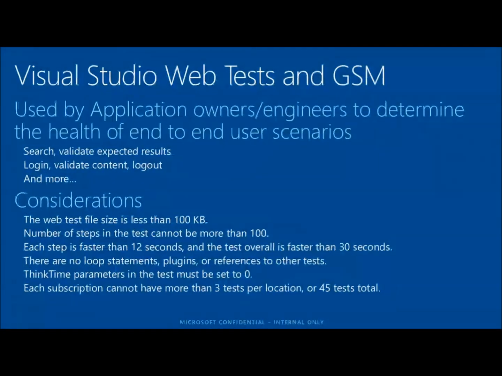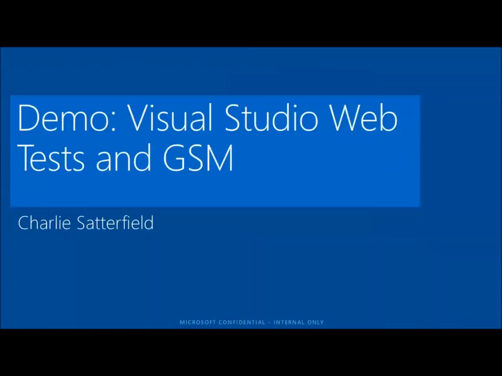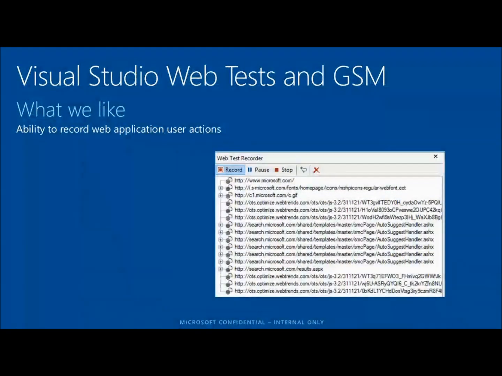Go back over to our slides here. Now, with Visual Studio Web Test, we're really excited with the ability to add the transaction recording, the ability to record web actions as the user would input them into the browser. That's something that we haven't been able to offer our customers, and it's something that they've been going to third-party solutions for.